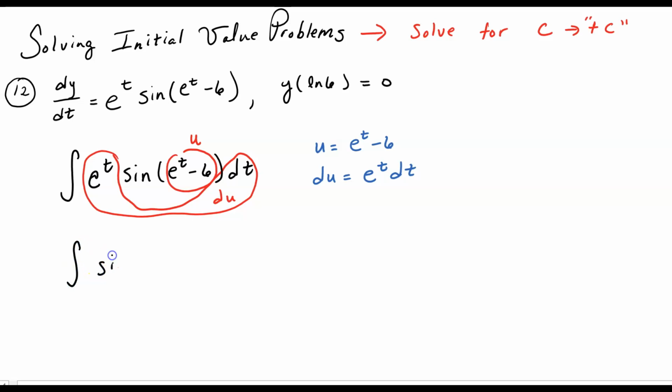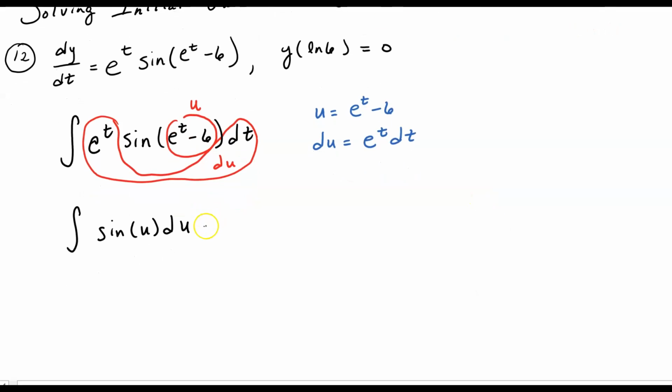So I end up with the sine of u du, and that right there is a very straightforward integral, isn't it? It's just going to be negative the cosine of u plus c, and that's the guy that we're looking for right there. All right, so we're going to back substitute now our u.